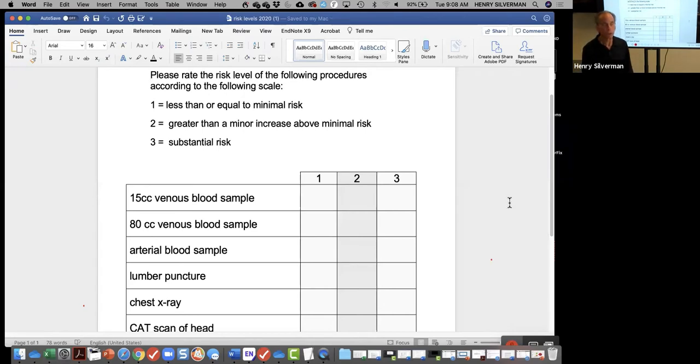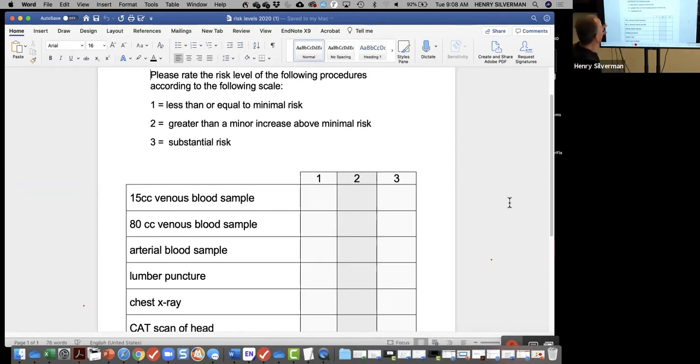There will be many different procedures done in a protocol, and we want to see how consistent we are in ranking the same procedures in similar ways in reference to the risk level.